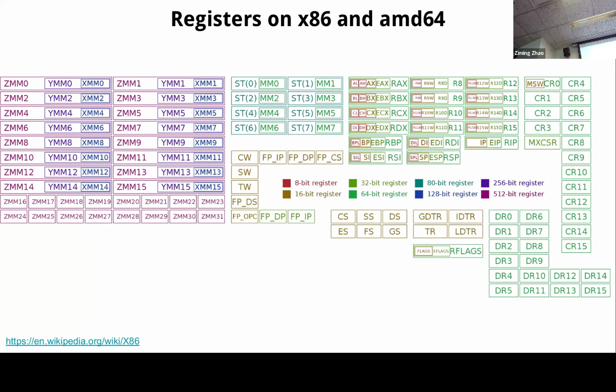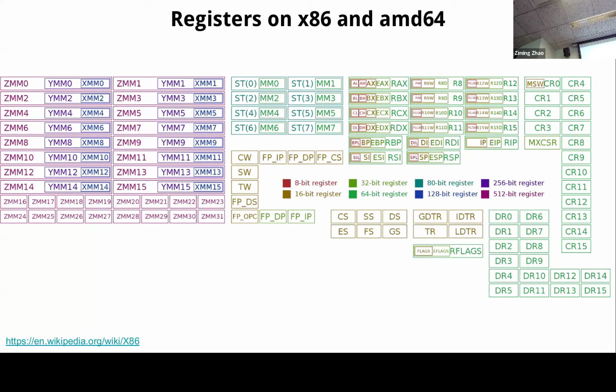Then moving to the 64-bit version, which came out maybe 15, 20 years ago, we extend the 32-bit register EAX into RAX. Okay. So now we have RAX, RBX, RCX, RDX, and you can still refer to the lower 32 bits as EBX or EAX.